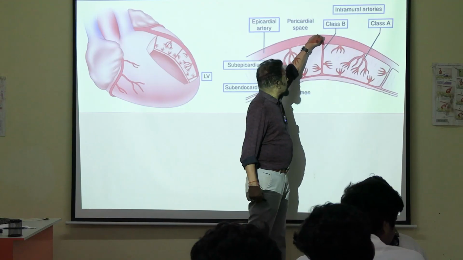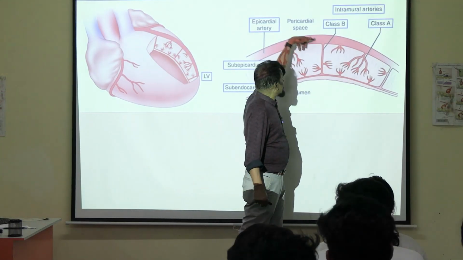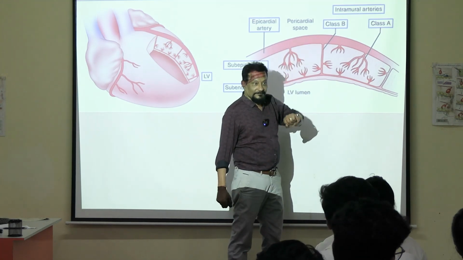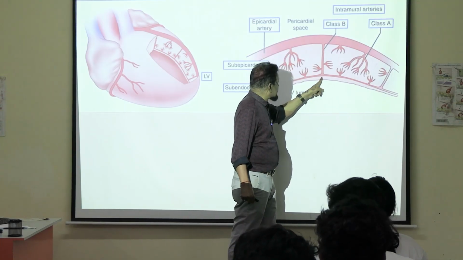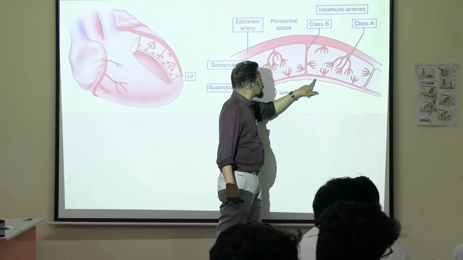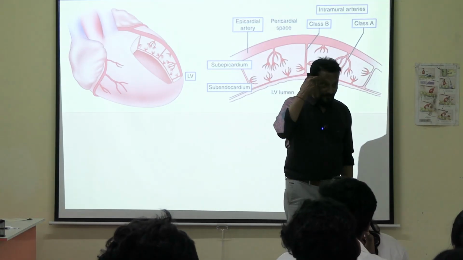Now they produce branches and capillaries. These capillaries enter the middle layer, and some of their branches come down to the subendocardial layer.